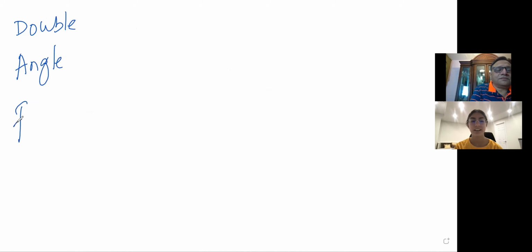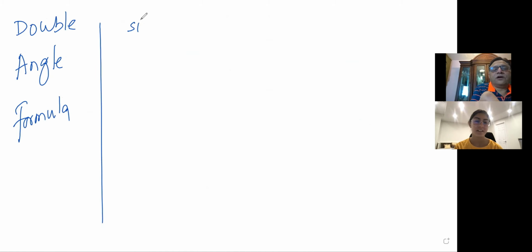Okay. So now let me review with you the double angle formulas. Very interesting, we found that sine 2 theta is basically equal to 2 sine theta cos theta.